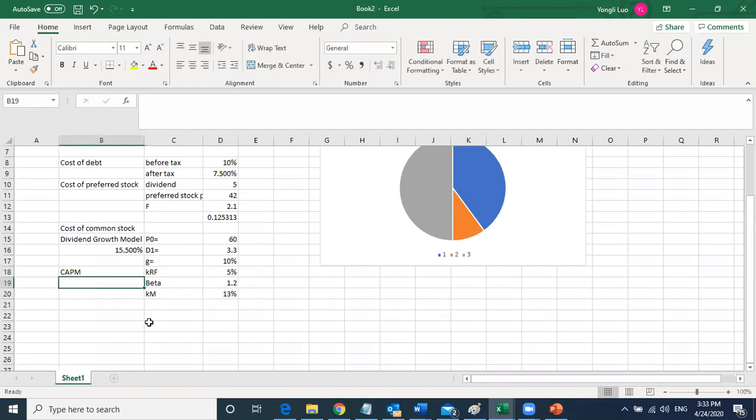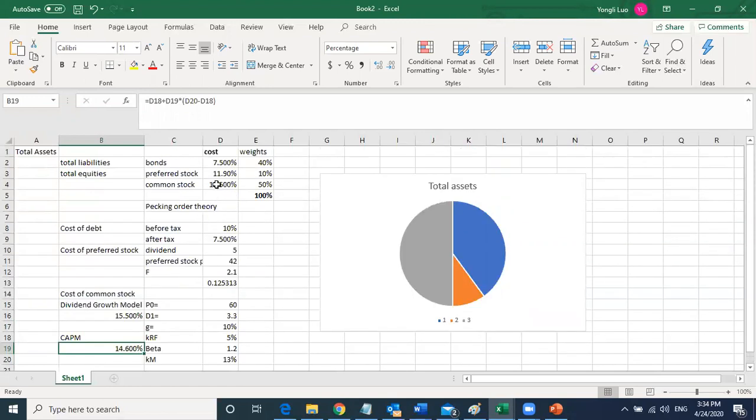So what is your cost of common equity? The formula is the risk-free rate plus beta times market return minus risk-free rate. That's exactly the capital asset pricing model. It will give you 14.6%.